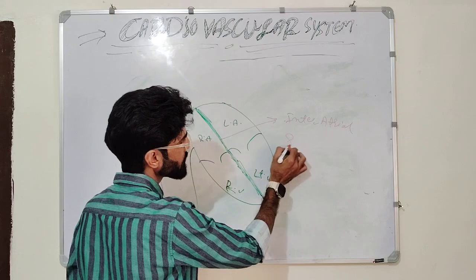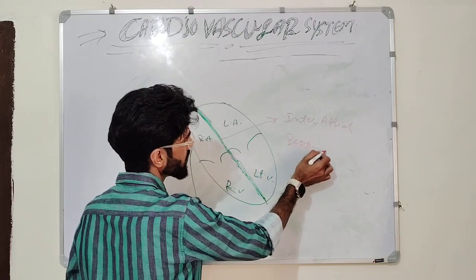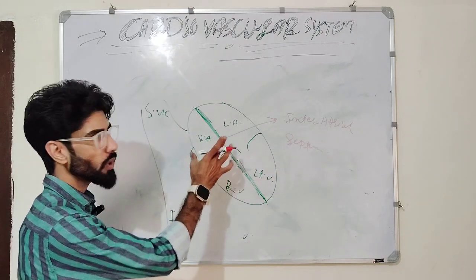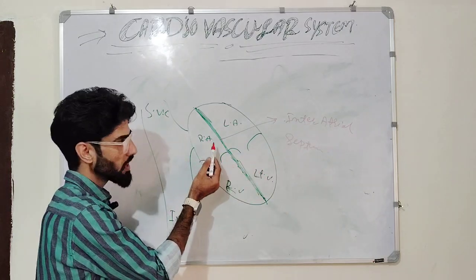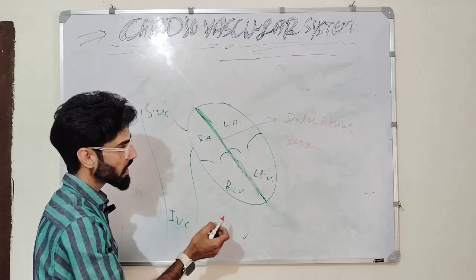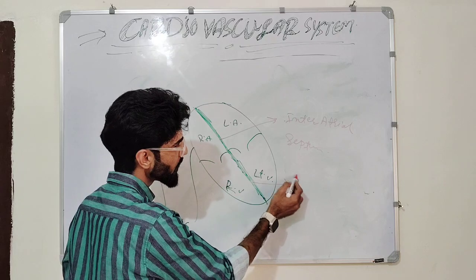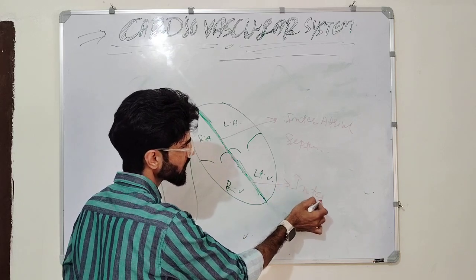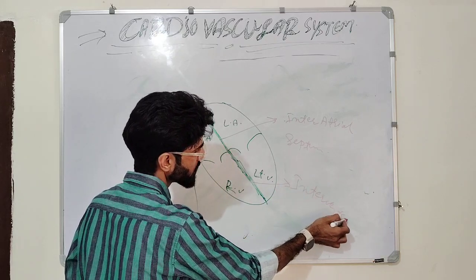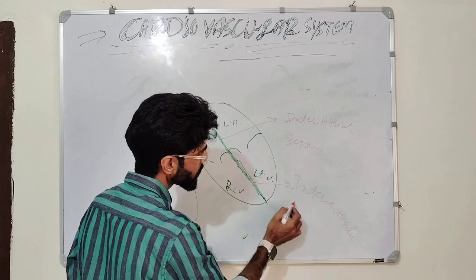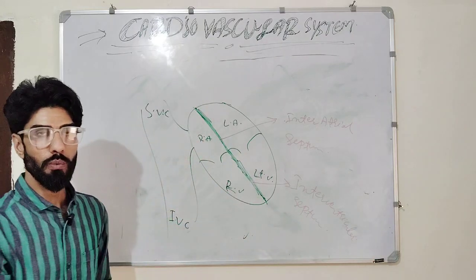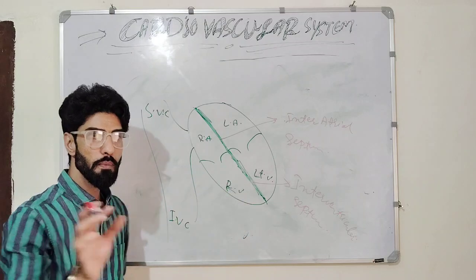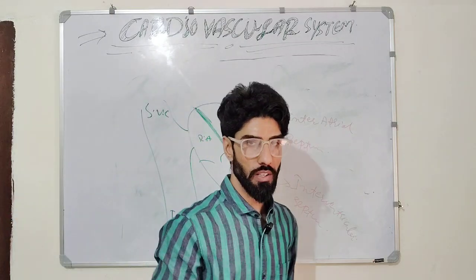The interatrial septum is a barrier in between the two atria. The interatrial septum is in between the right atrium and left atrium, and the interventricular septum is in between the two ventricles, right ventricle and left ventricle.